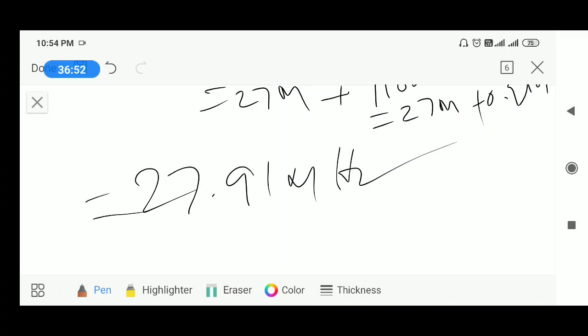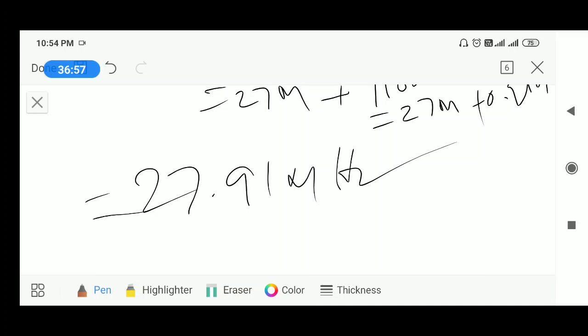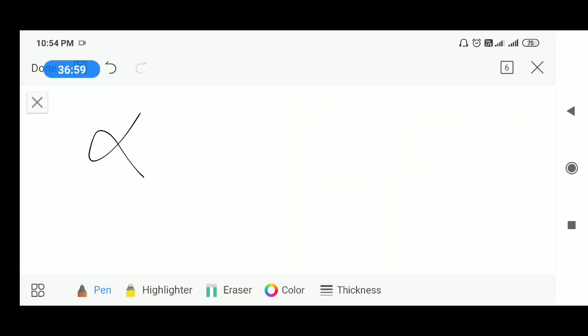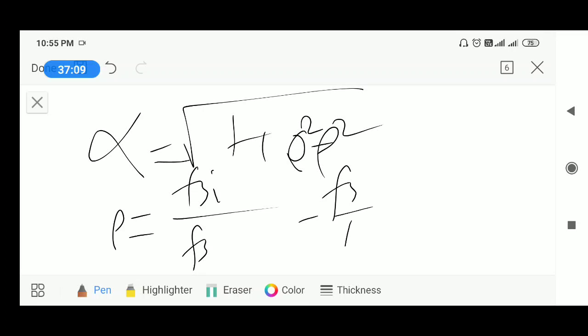Then if you calculate rho, you can calculate alpha directly. Rho is equal to Fsi by Fs minus Fs by Fsi.